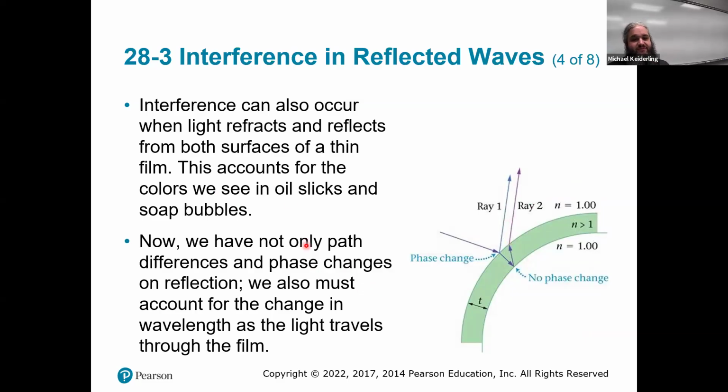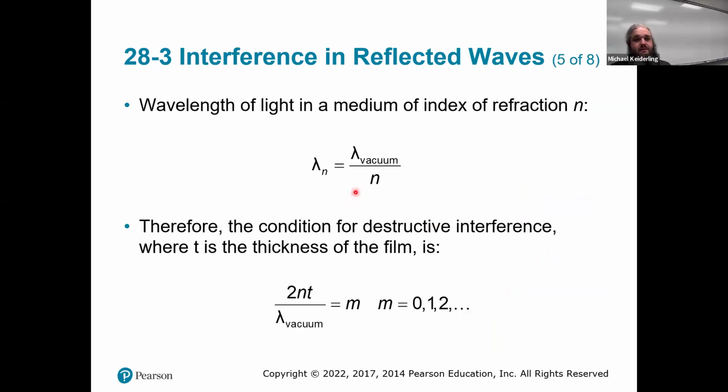You not only have path differences and phase changes on reflection, you also have to account for the change in wavelength as the light travels through the film. The wavelength of light in a medium of index of refraction n is the wavelength in vacuum over n.